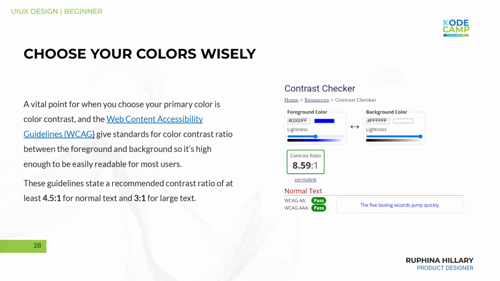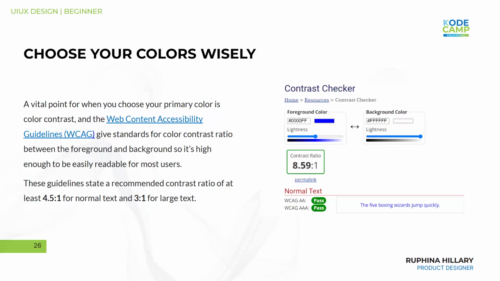Let's say you want to use two colors together. This contrast checker gives you the standard, and tells you if you use these two colors together, is the contrast enough that you can easily read an item on this web application.